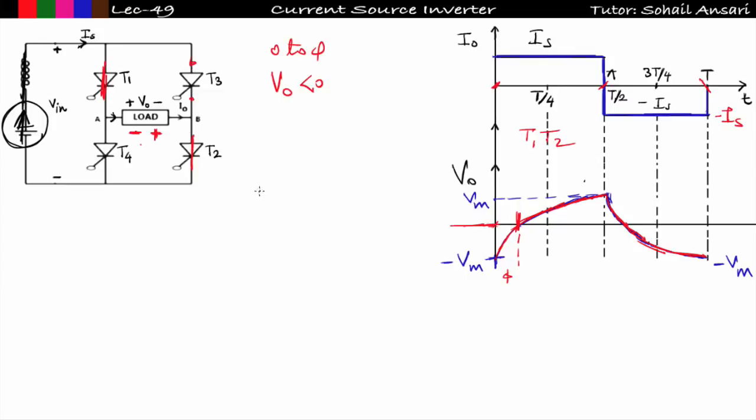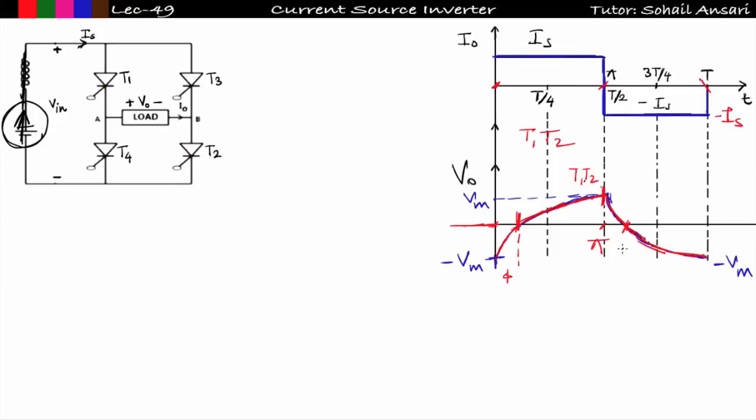If I talk about the steady state, this minus will come out here and this plus will come out here because T2 is shorted. So T3 and T4 are getting reverse biased. So from 0 to phi I can say T3 and T4 are getting reverse biased, means they will turn off at a steady state. Are you getting this? So in this way we can make this circuit load commutated.